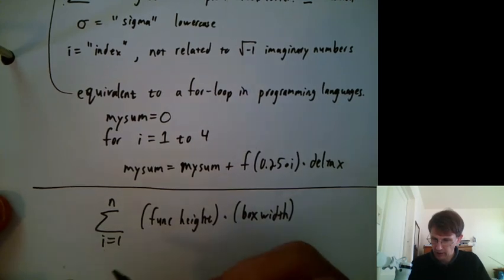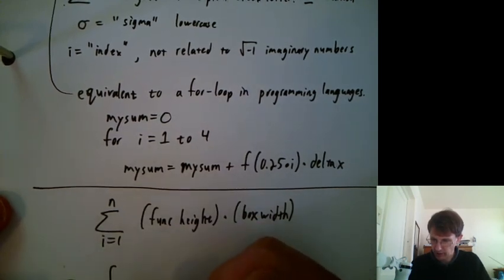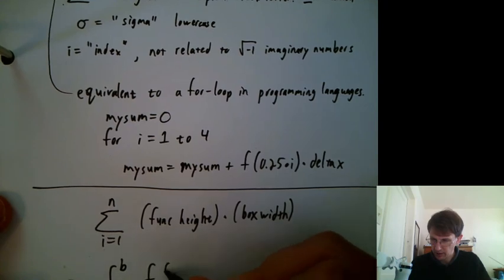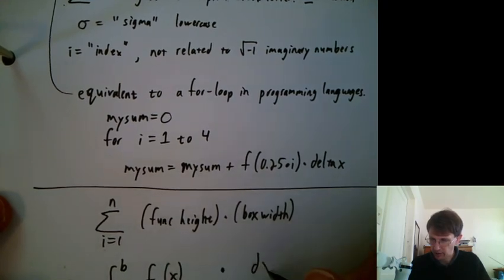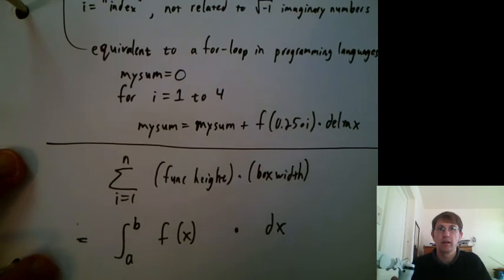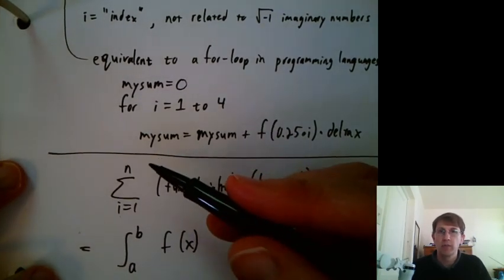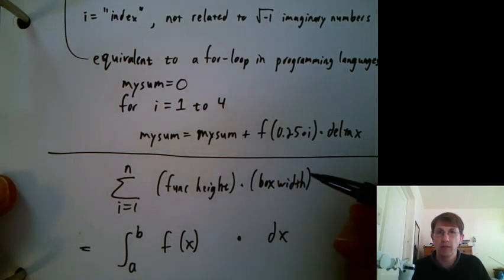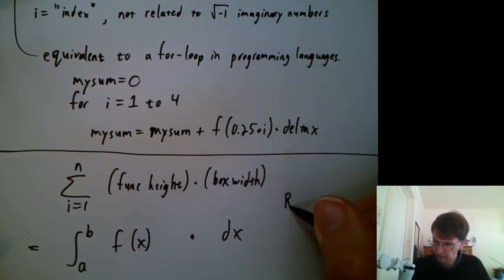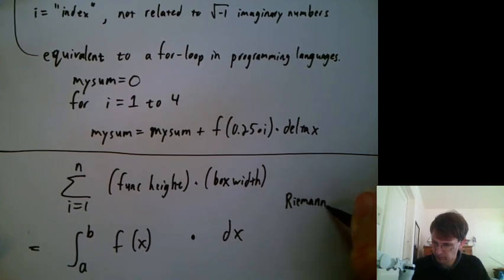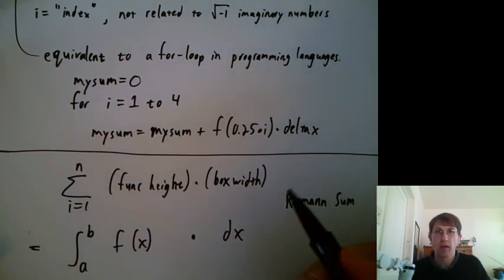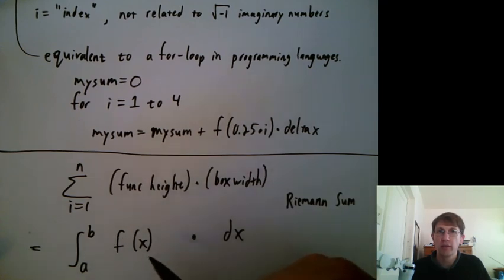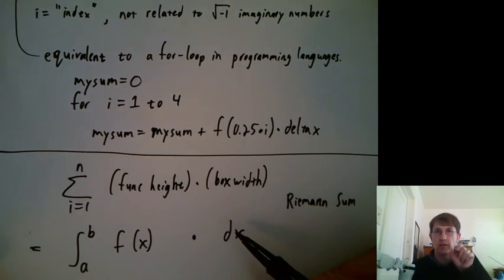We're saying that that is computing the integral from a to b of f of x times dx, as long as you let n be very, very large or go to infinity. So that's the idea of Riemann sums. And it's analogous to the way we write integrals with a function height times a dx value, which is a very, very skinny box width. All right.